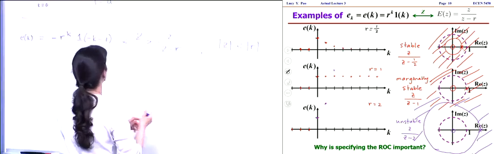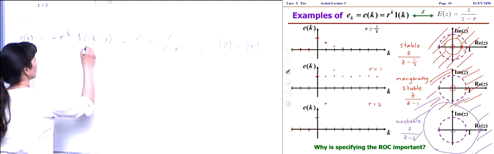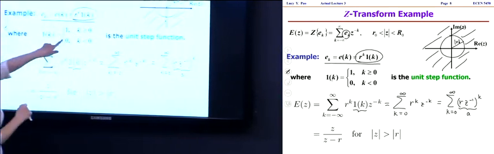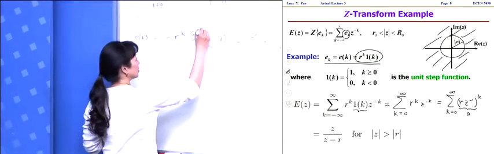right? Then, the 1 of K, we want whenever that argument, when the argument of the unit step function is greater than or equal to 0, then this is equal to 1, right?